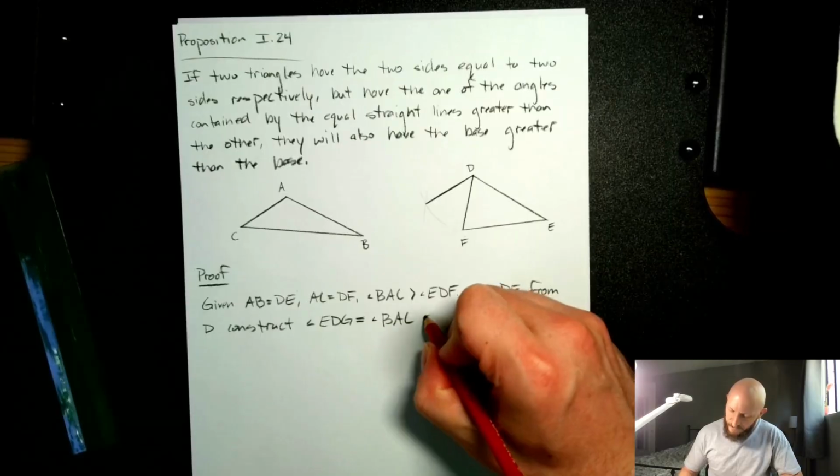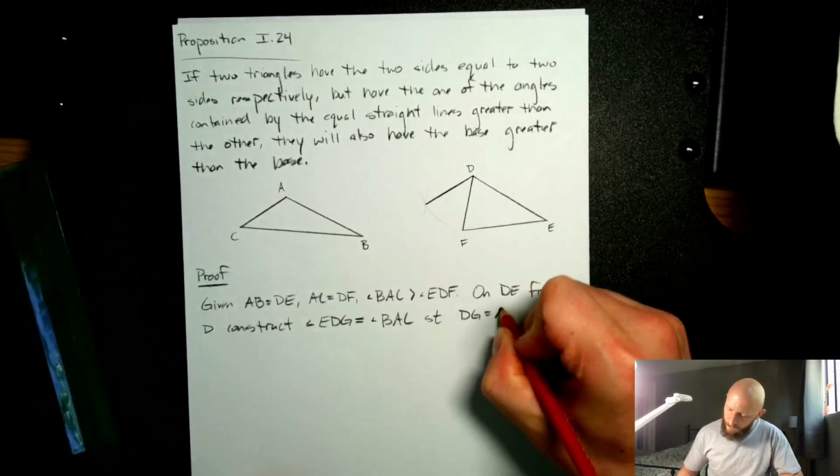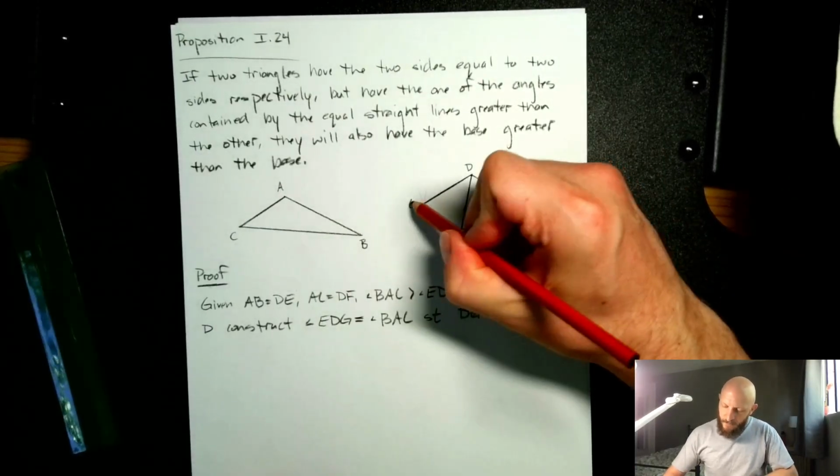And then I'll also say the next piece, such that DG equals AC. So here is G.